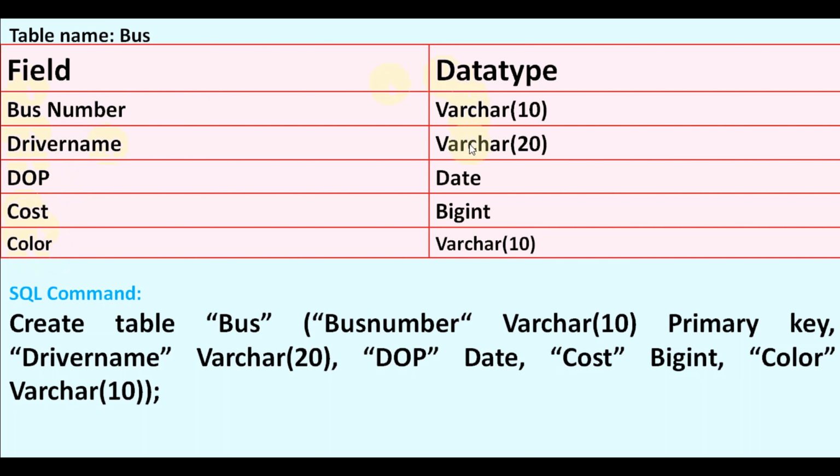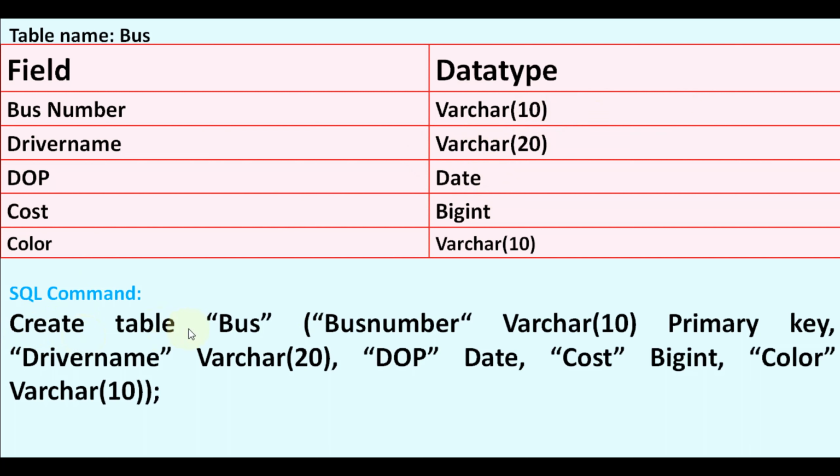Their data type is mentioned in the next column, and in some columns length is also there, such as in the case of the bus number column, the data type is varchar and the length of the column is 10. So this is the complete detail that we are getting just to create the bus table. And here SQL commands also you can see, the create command we have to use just to create the table.